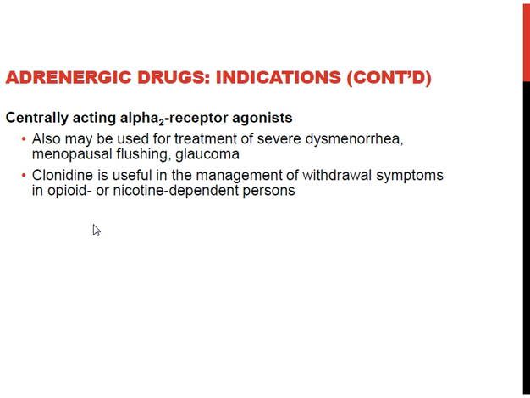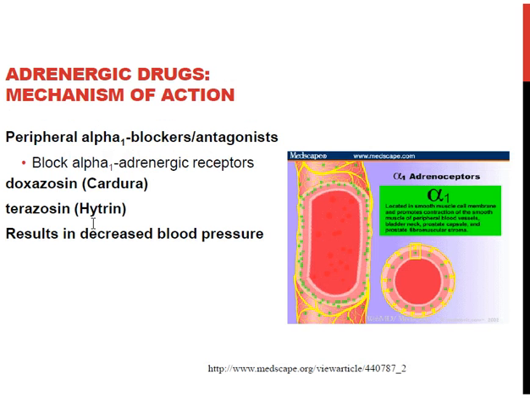These are just some other reasons we can use them. How does it work? We talked a little bit about that. They're peripheral alpha 1 beta agonists. I'm sorry, the next category of medications, which is our peripheral, not central, but peripheral alpha blockers or antagonists.